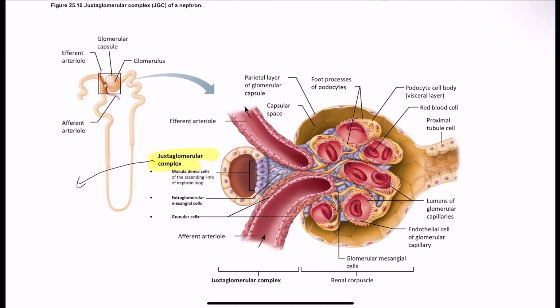So the juxtaglomerular complex, what it does is it regulates the amount of filtrate that's formed, and it also monitors systemic BP, blood pressure. There's two major cell types I want to talk about in the juxtaglomerular complex.